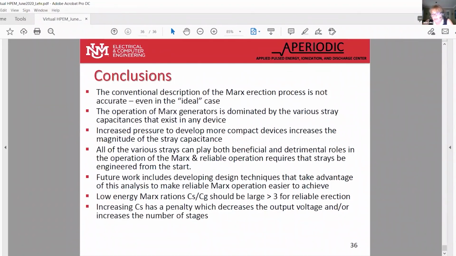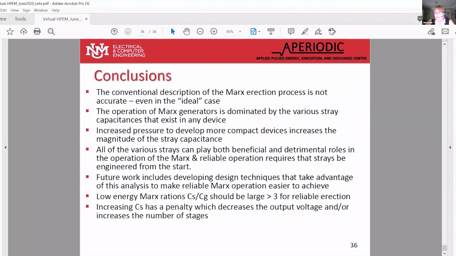Well, one of the things that we're finding is that the Marx is always parametrizable because it's always a ratio of capacitance. So the stray capacitance to ground should not be anywhere near equal to the stage capacitance, because you'll have a crazy amount of loss.